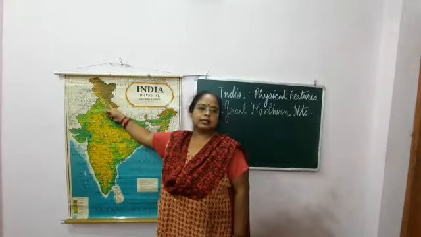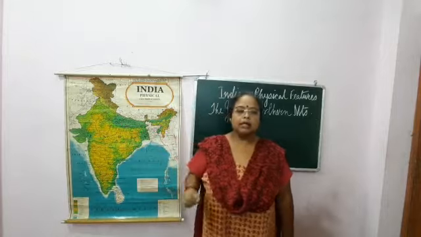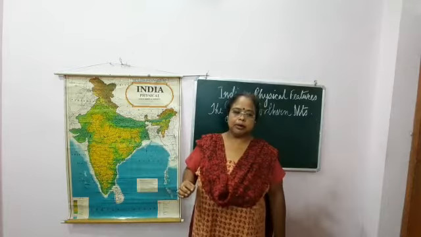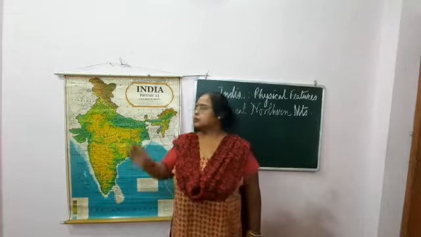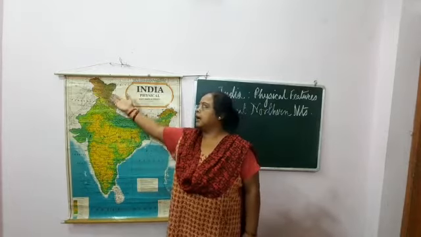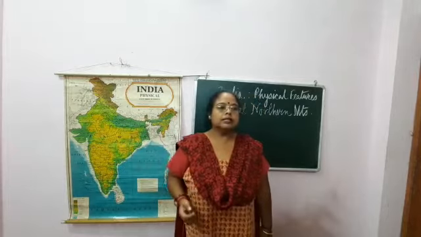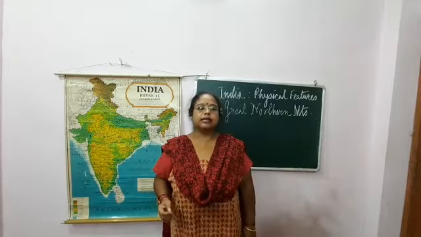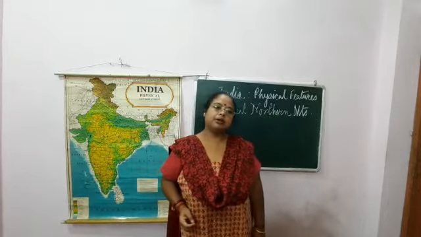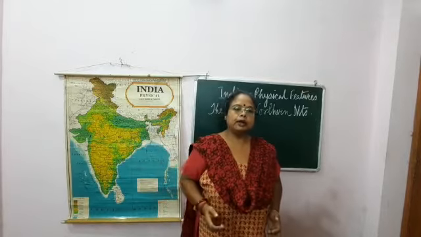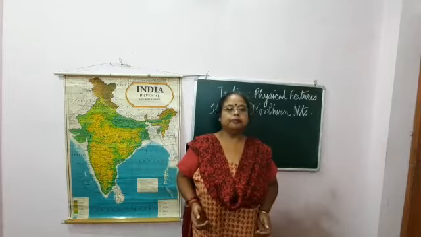Next we will come to the Himachal or Lesser Himalayas, just after the Himadri. It lies to the south of the Himadri. Its average height is about 4,500 meters. Many popular hill stations are also found here.